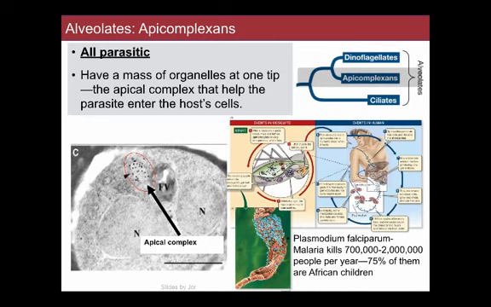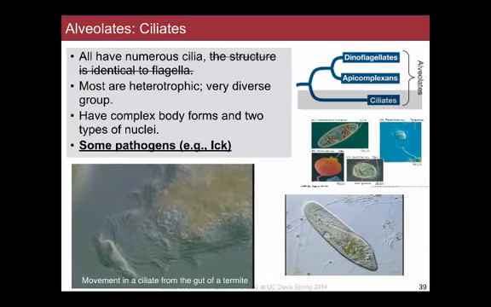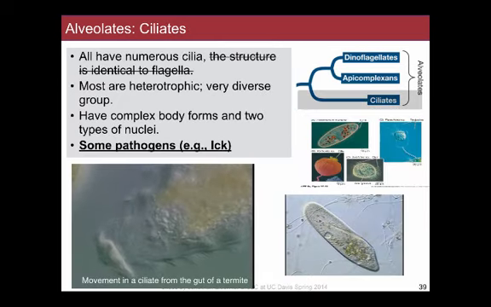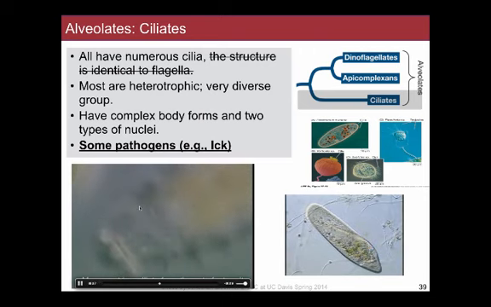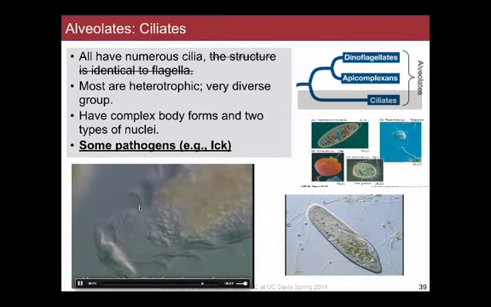There are also many pathogens in the eukaryotic groups. So in the apicomplexans, basically all of them are pathogens. I didn't mention these; I've added this onto the slide. There are pathogens within the ciliates. So the ick, if you have fish tanks, there's this weird, gross thing called ick that grows on many of the fish in the tanks. It's actually a pathogenic ciliate.